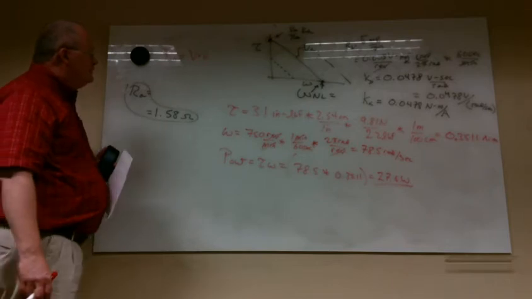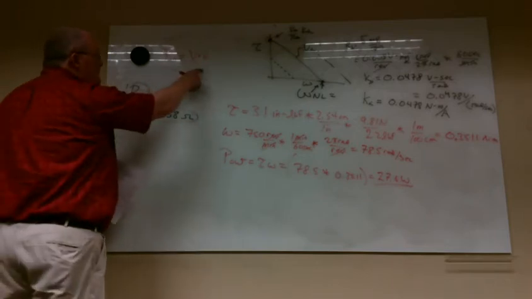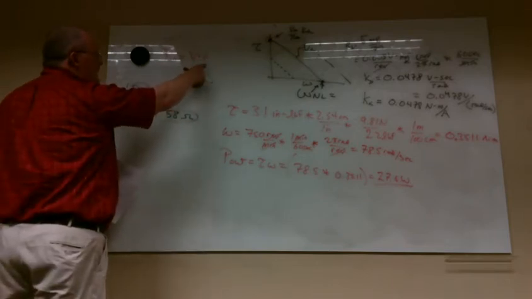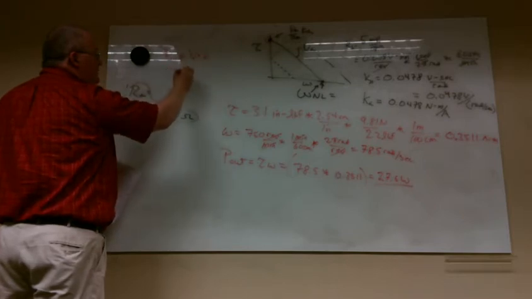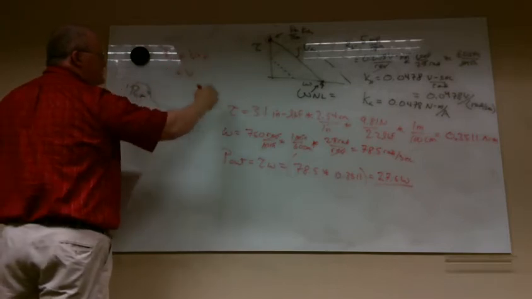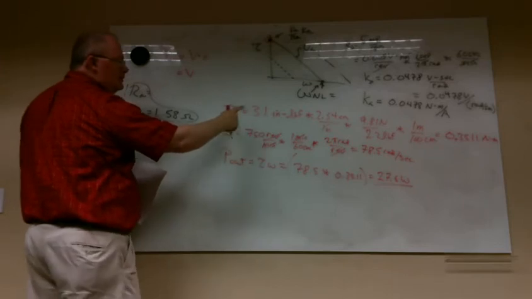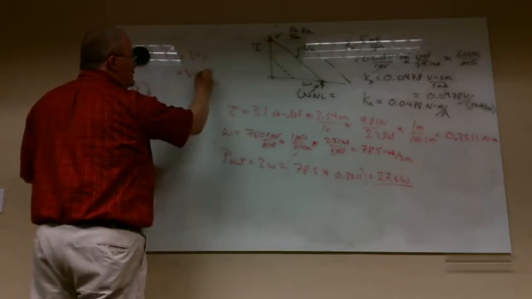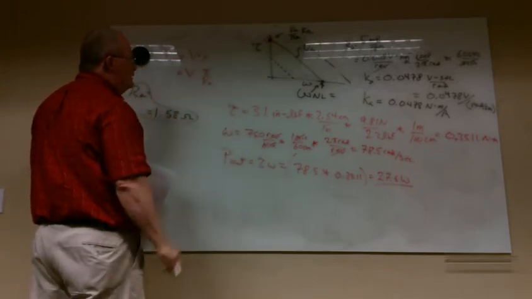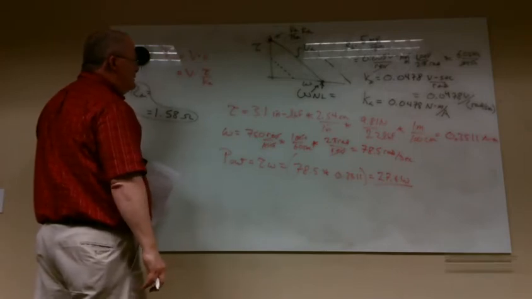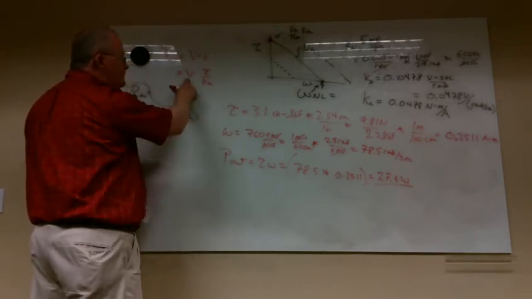So if this is V times I, you've got to figure out what I is. Well, actually, that's V times torque divided by torque constant. Torque over K sub A. Okay, that's how we figure out the current. We know that we got 15 volts.